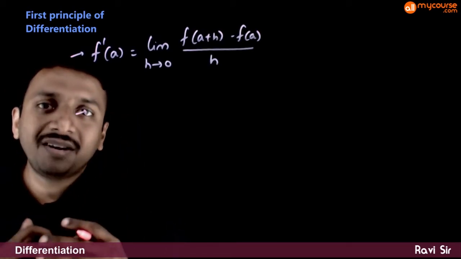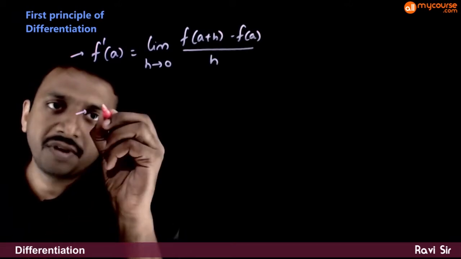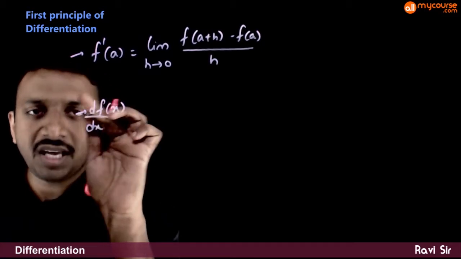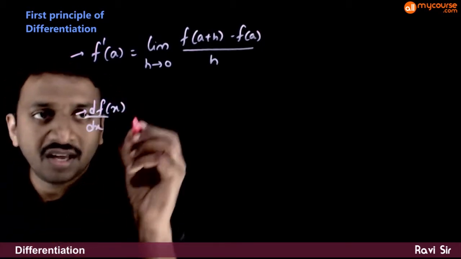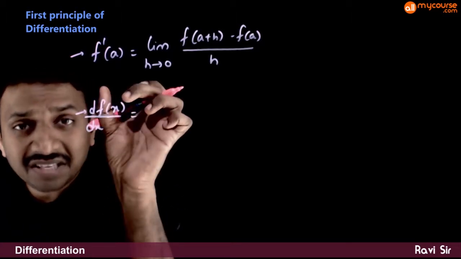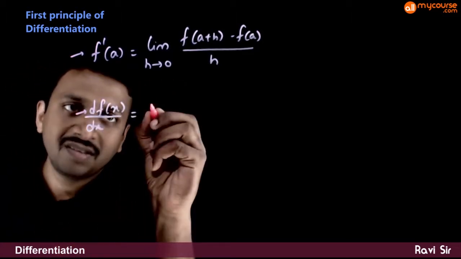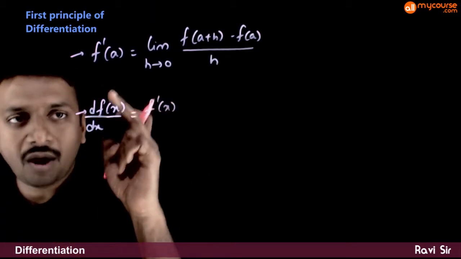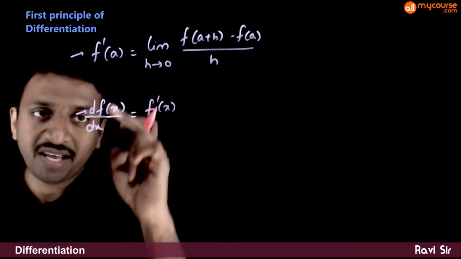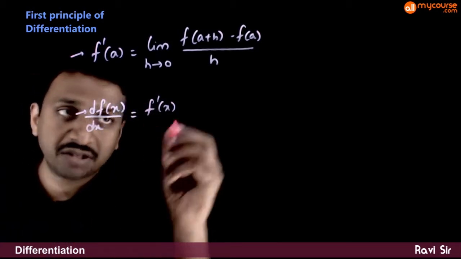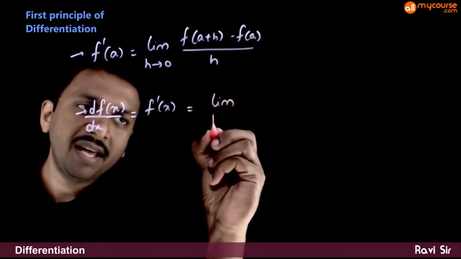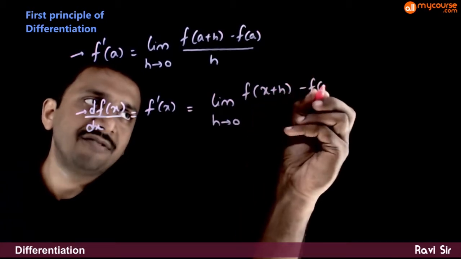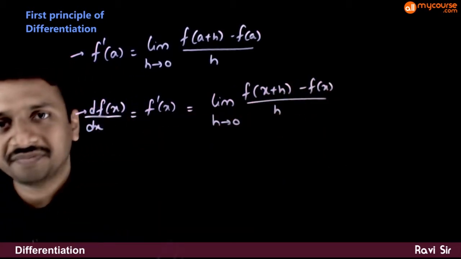Now the general derivative function of a given function. So if you have a function f of x, d of f of x by dx is called the differentiation function of f of x. This is represented as f dash of x. So d by dx of f of x is equal to f dash of x, defined as limit h tends to 0 f of x plus h minus f of x by h.